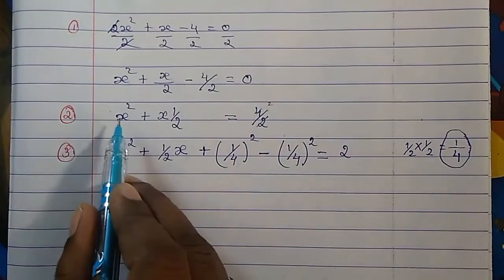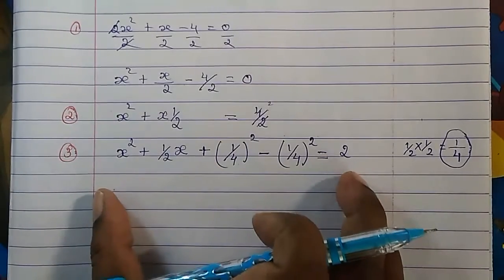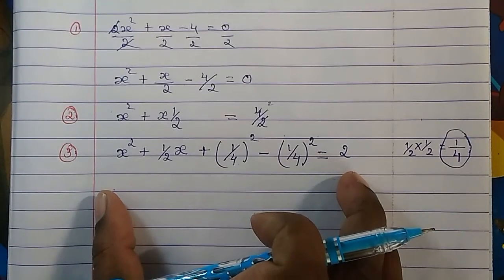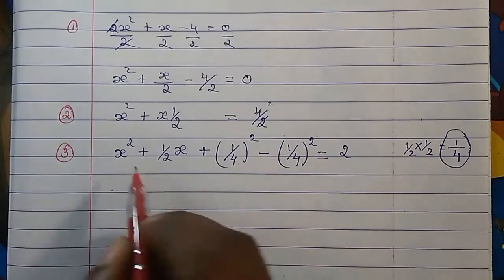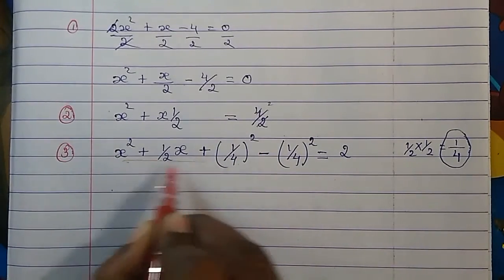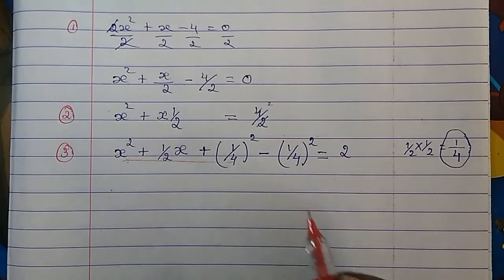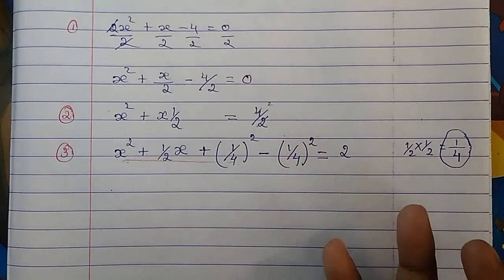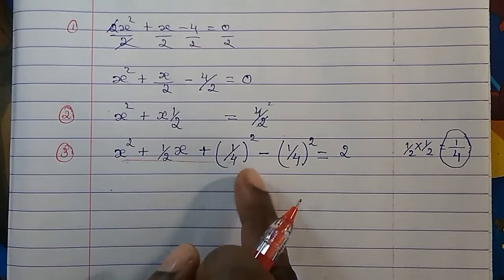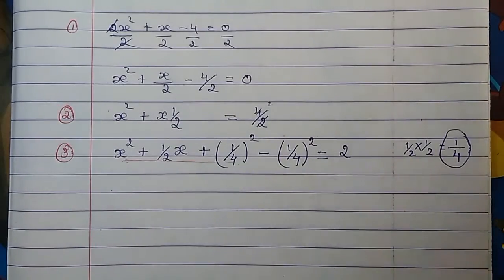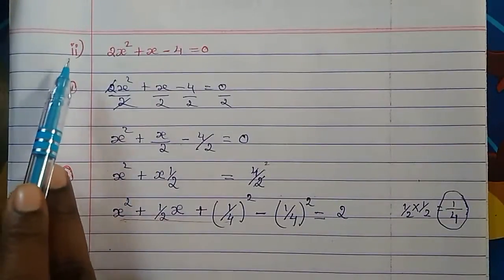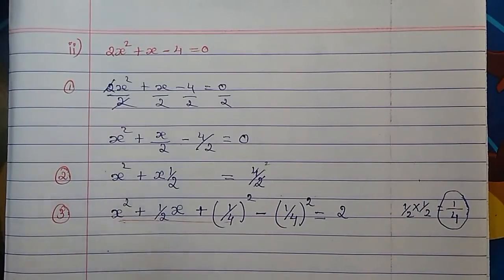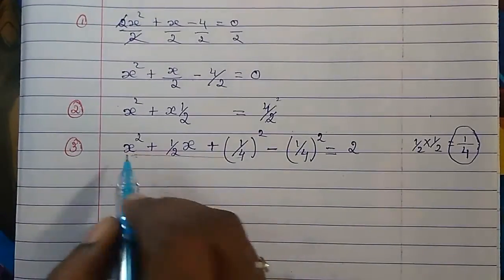So this second and third step you have to be very clear about, otherwise you will make a mistake. Now it becomes easy. All this is in the expansion form of a plus b whole square. When you expand, you will get this. I explained in detail in the first part, so here I'll just tell you in short.